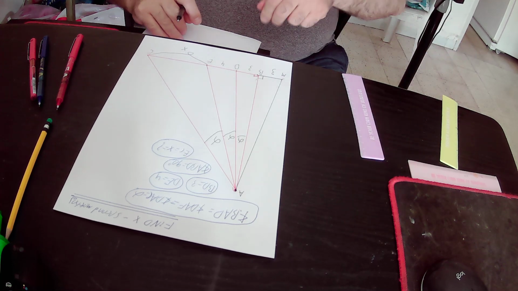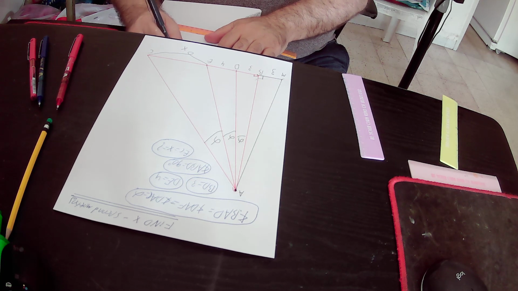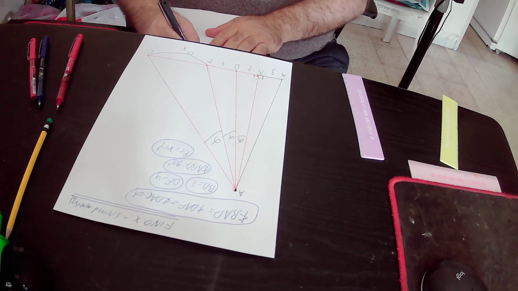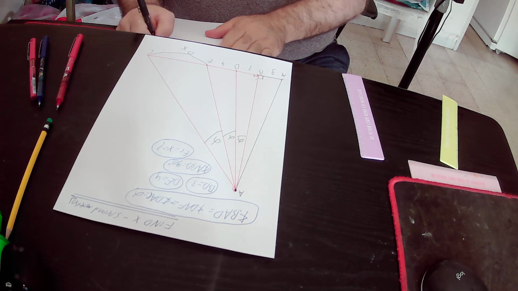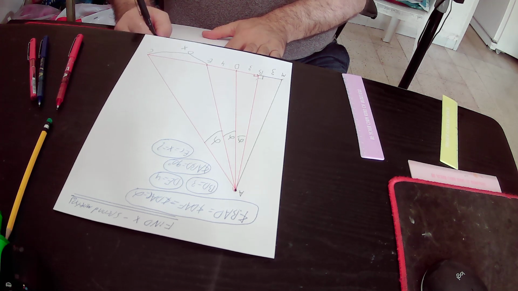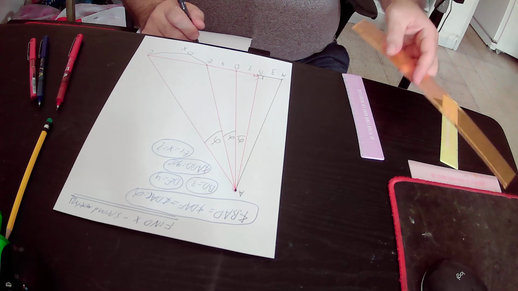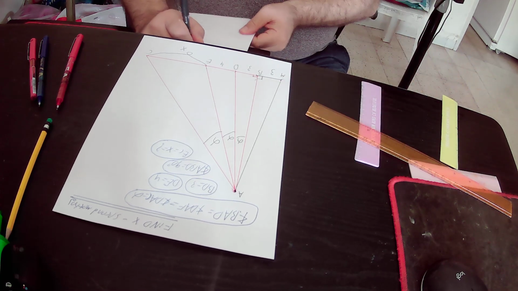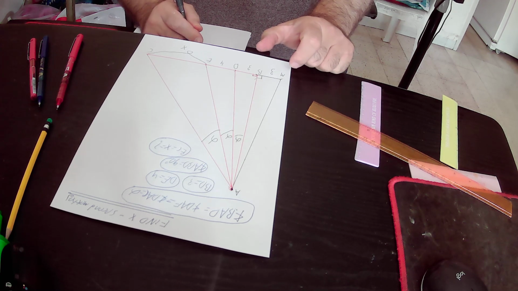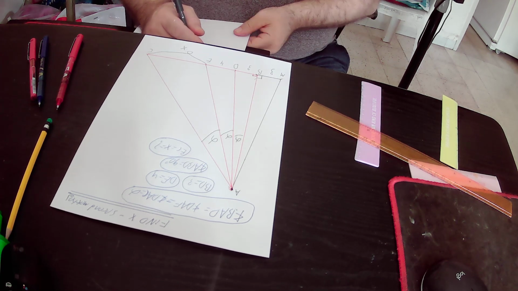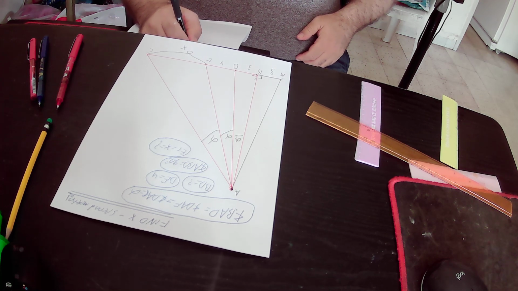Okay, on those two right triangles, we know that MB equals to BD equals to 3 units.